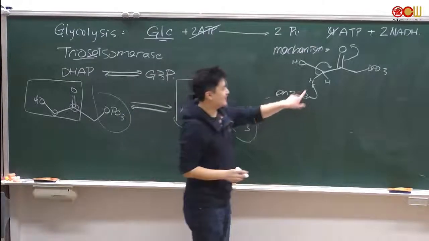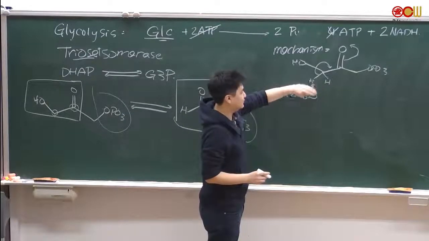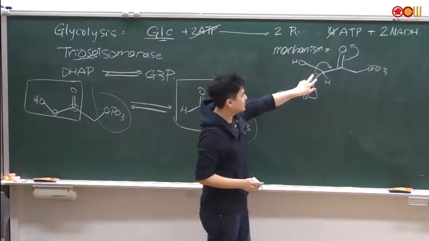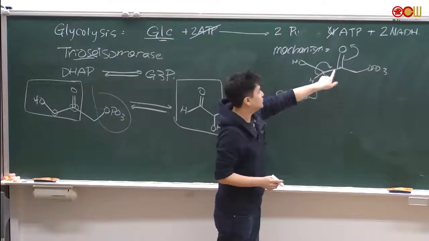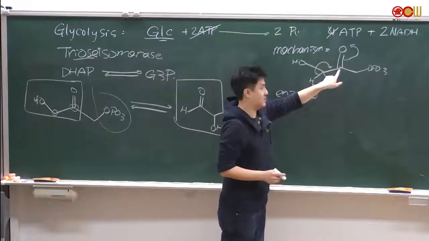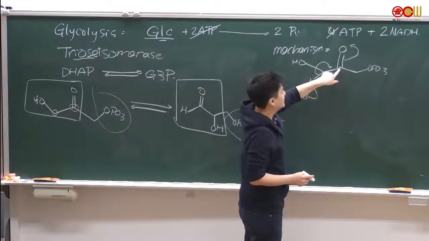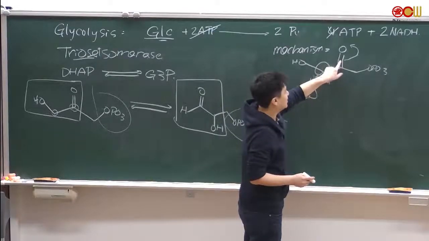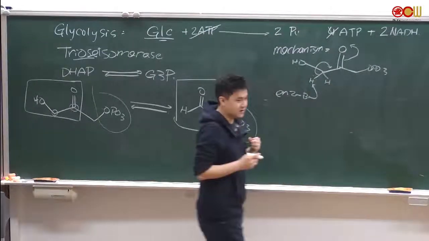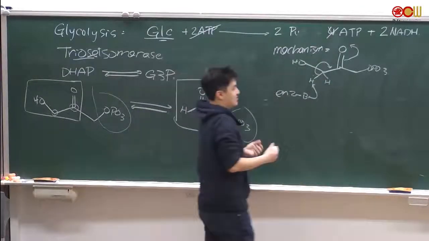So if I pull away the hydrogen as a proton, then the 2 electrons here have to go somewhere. The 2 electrons go and form a new bond between the alpha carbon and the carbonyl carbon. And on the carbonyl carbon, one pair of the electrons between C and O goes up to the oxygen.